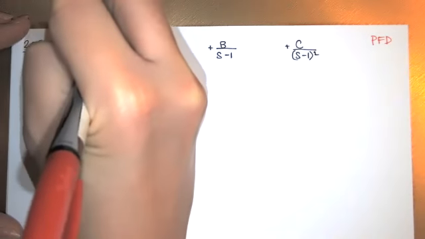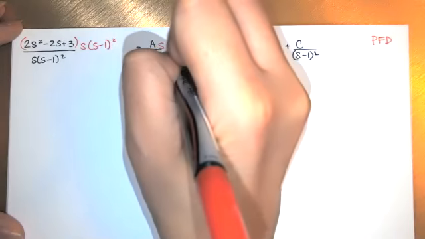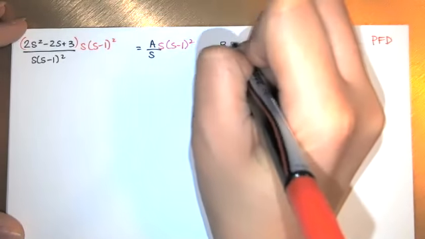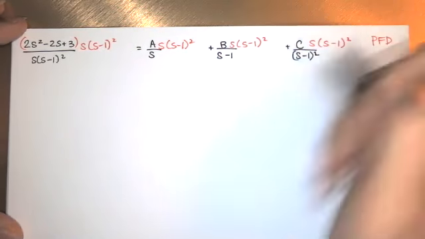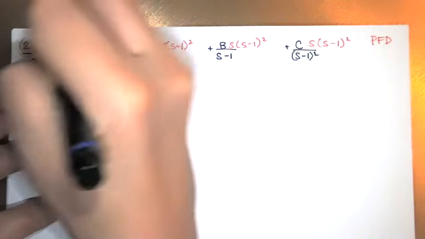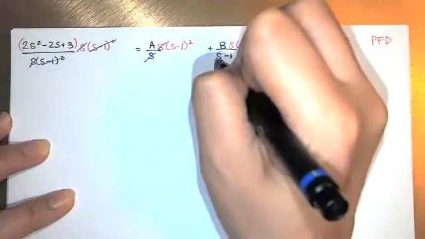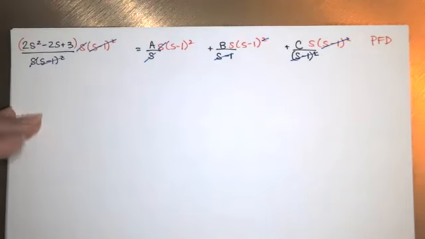And we multiply by the LCD as we always do. And the LCD is always the original denominator. The s is reduced here, s minus 1 is reduced here. One of the s minus 1's will reduce there, the s minus 1 squared reduced there.